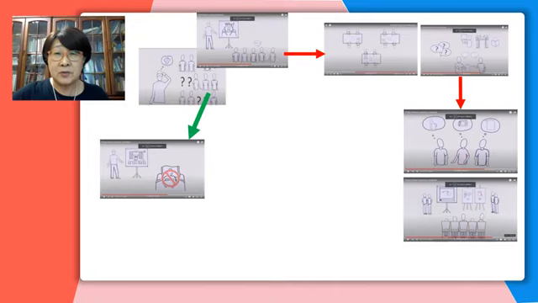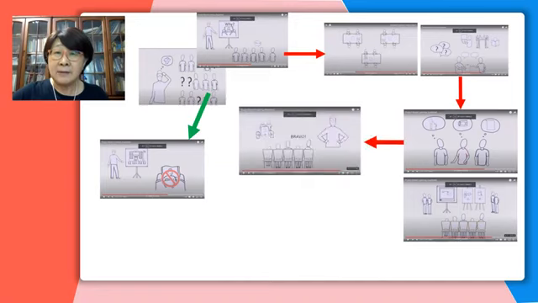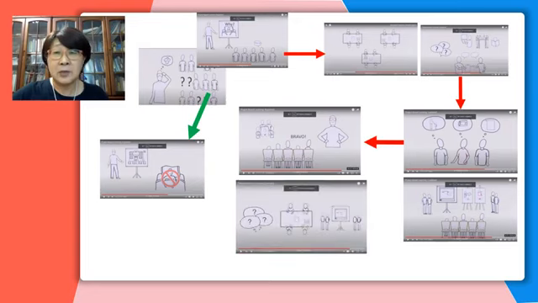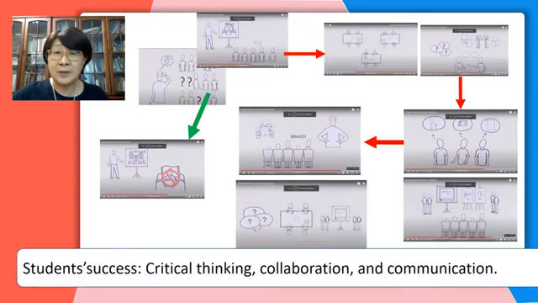All the students' hard work was recognized by the audience. And we can easily see their success skills shown throughout the process, and that is critical thinking, collaboration, and communication.